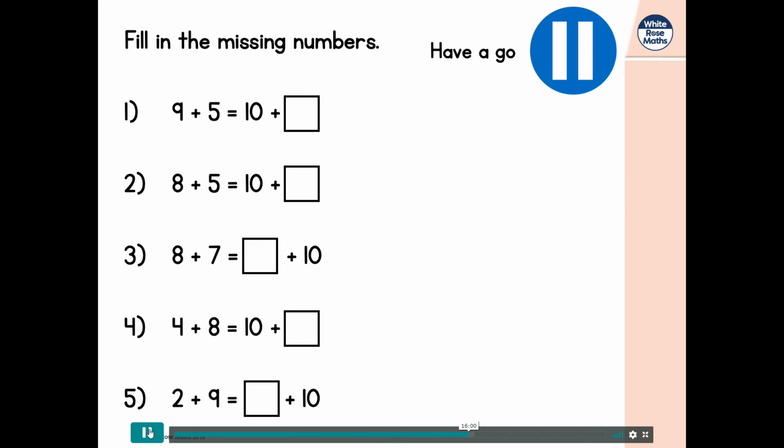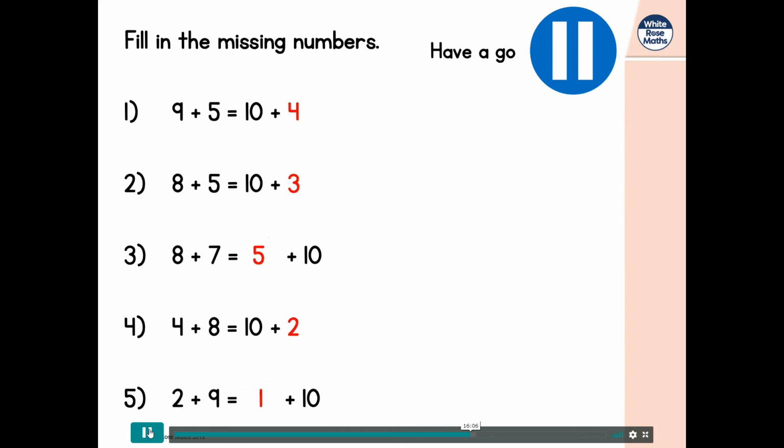The first question says 9 plus 5 is the same as 10 plus 4. The second one, 8 plus 5, is the same as 10 plus 3. Third question, 8 plus 7 is the same as 5 plus 10.